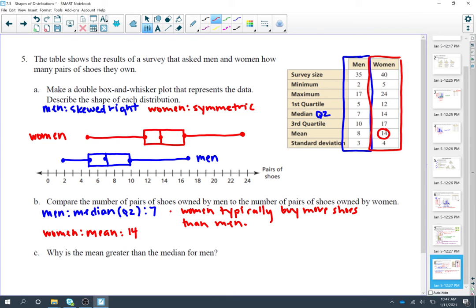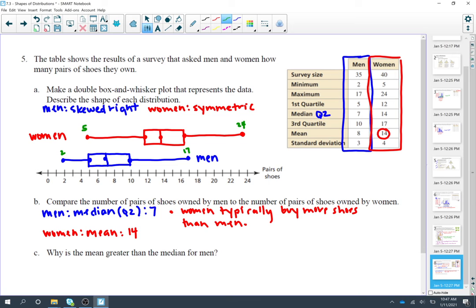Okay, now, what about the spread? Now if I'm going to look at the spread, I am given the standard deviation, so I could look at that, but really I'm looking at the spread of my women, and the women go the whole way from 5 to, what was this, 24? Versus the men are going from 2 to 17.